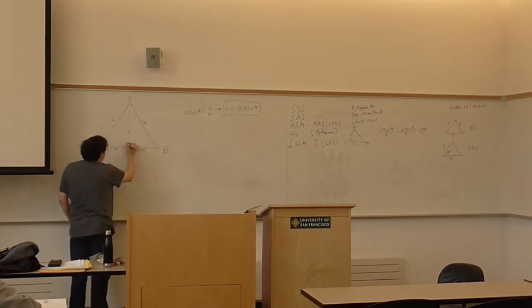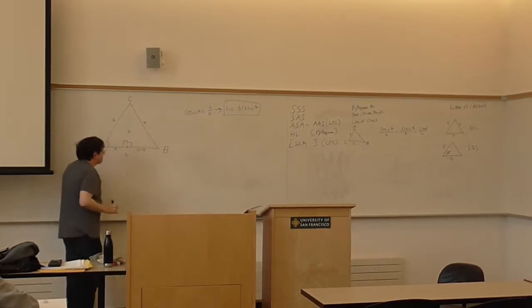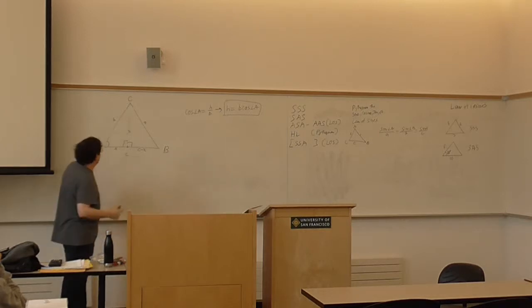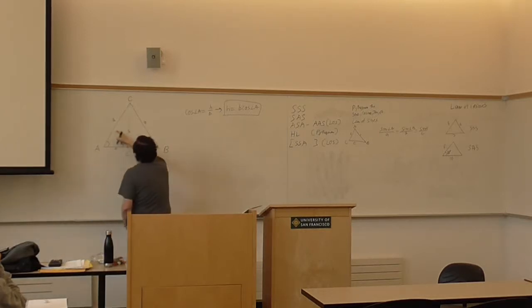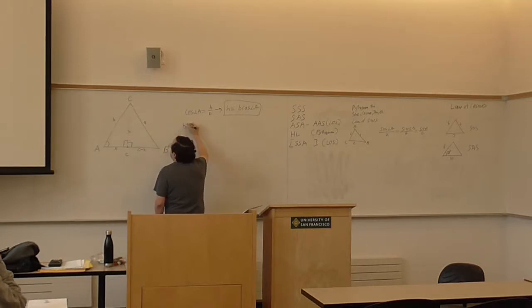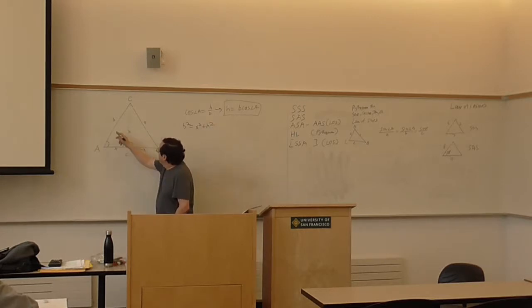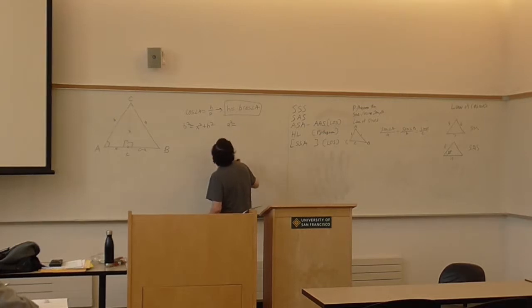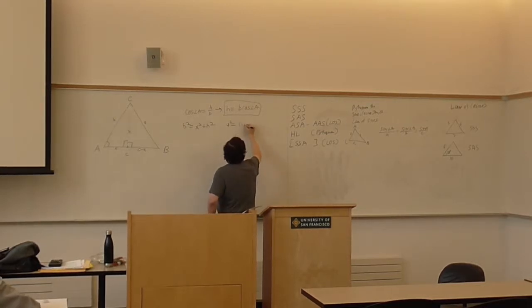We take a look here, and we have two right triangles, and we're going to apply the Pythagorean theorem to both of them. So that's pretty straightforward. Over here we have b squared is going to equal x squared plus h squared. Right? Two legs of my triangle. And on the other side, we're going to have a squared equals, now we have (c minus x) squared plus h squared.